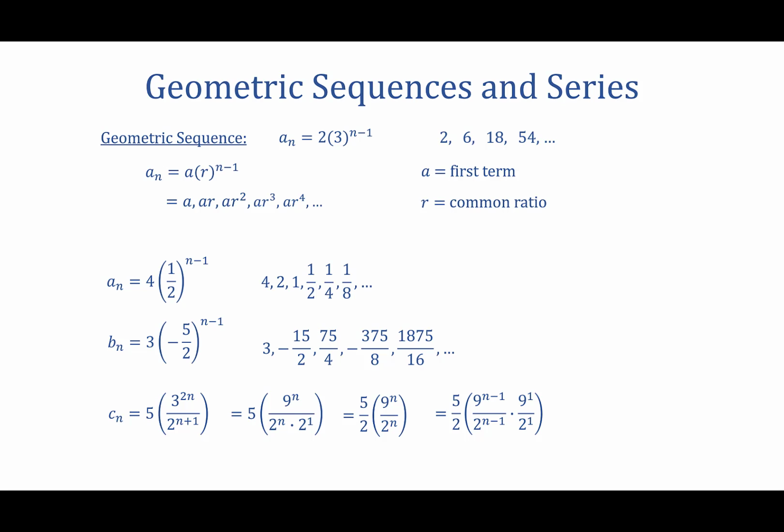If you're not convinced, just think about what you would do to those two exponents if you were multiplying the powers together. You would add them up and you would get n again. Then you could bring the 9 over 2 to the 1 out in front to get 45 over 4, and 9 over 2 can go together. It's n minus 1. And that is definitely the form of the geometric series or sequence that we like.